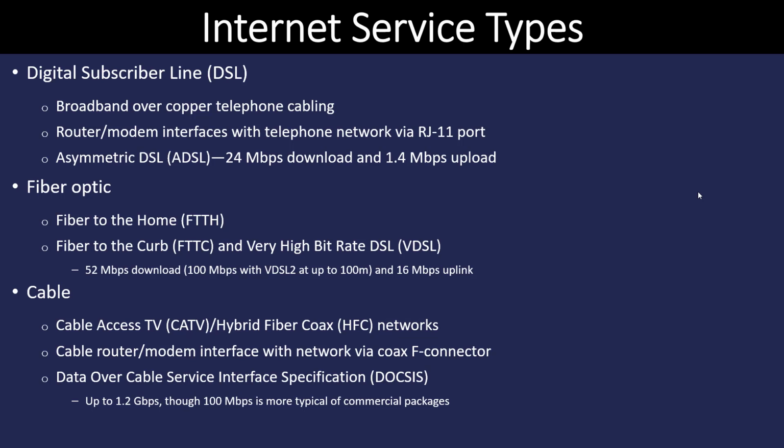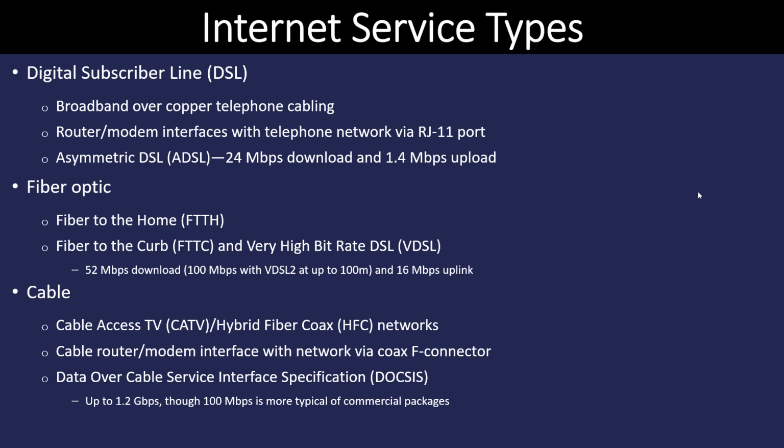Let's talk about cable next. Cable is very similar to digital subscriber line, and it's using the cable that was originally designed for cable TV to carry the internet service into your house. So it uses the same cable for your cable TV and for your internet.